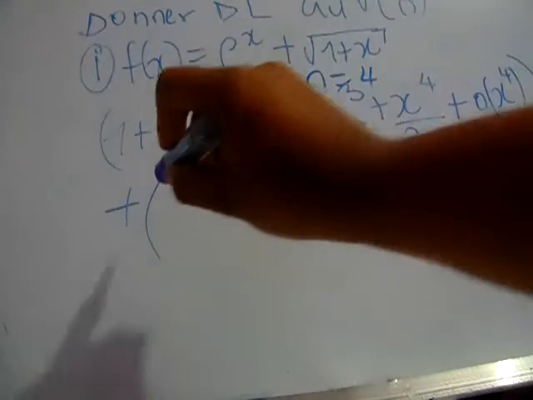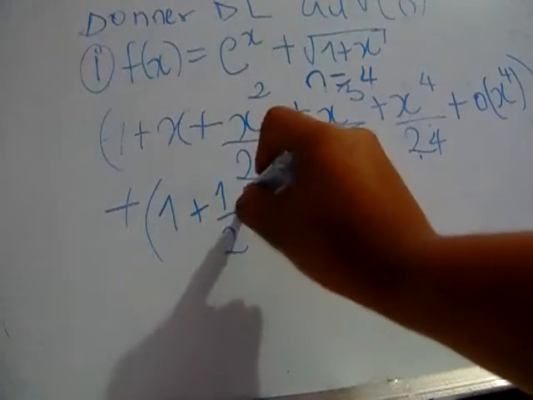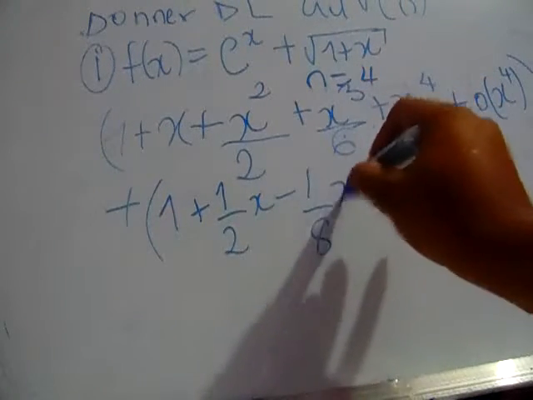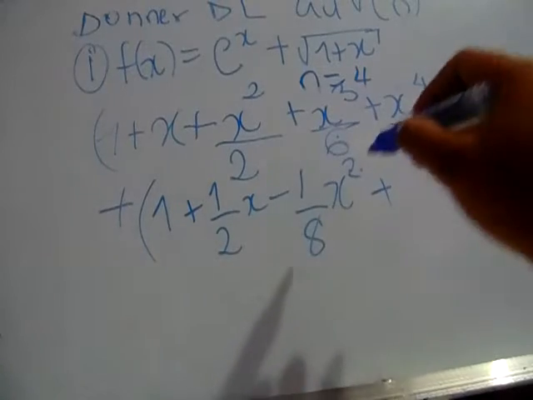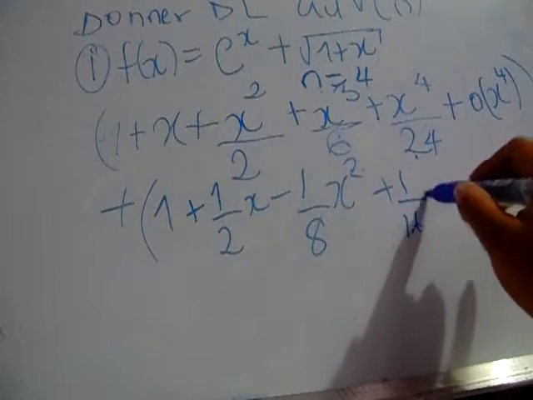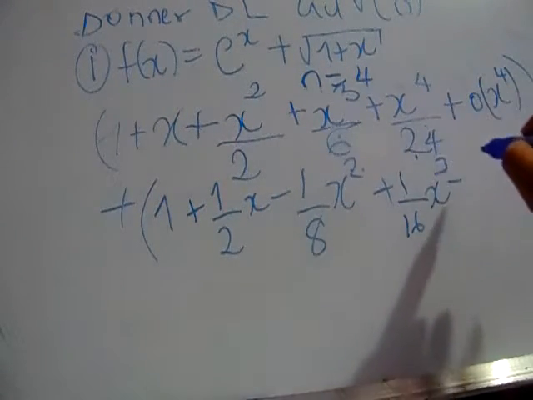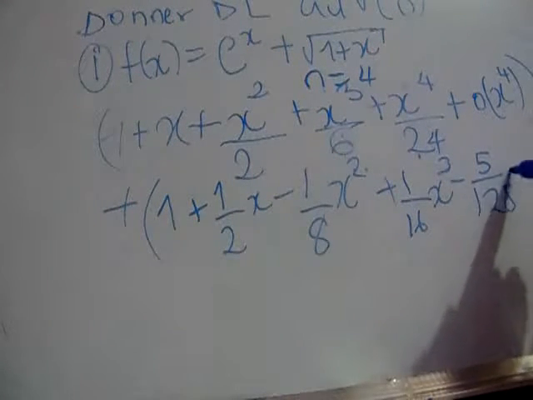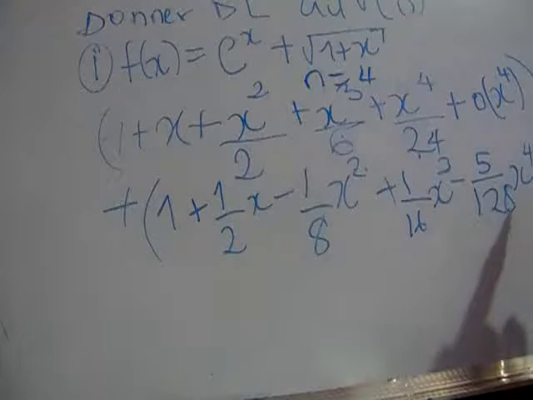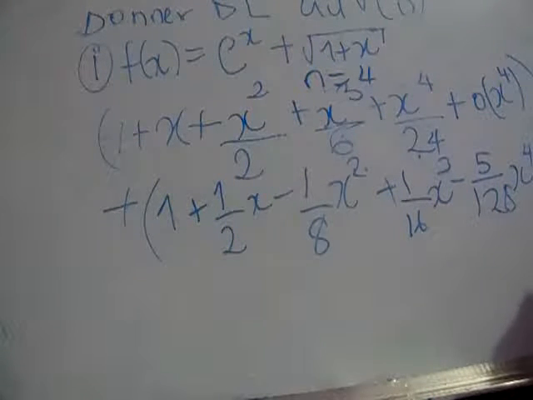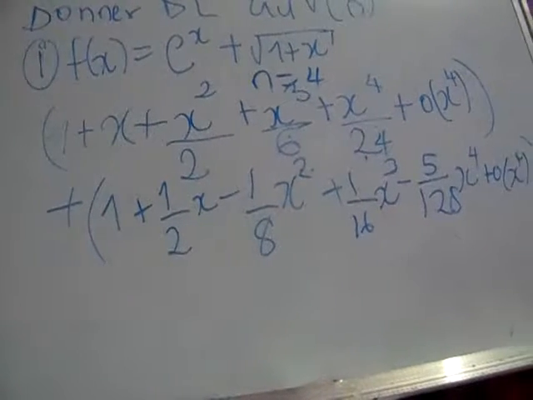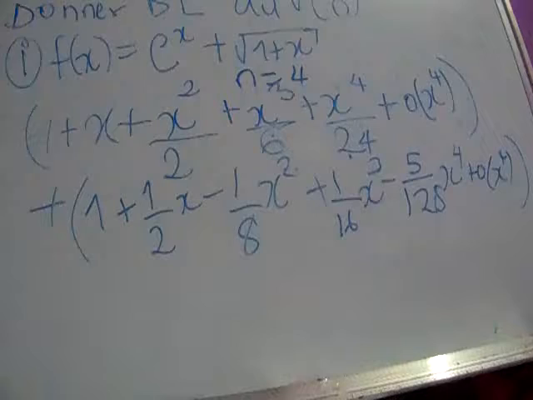We said the DL of square root of 1 plus x when n is equal to 4 is 1 plus 1 over 2x minus 1 over 8x squared plus 1 over 16x raised to the power of 3 minus 5 over 128x raised to the power of 4 plus part2 de x4. So you can't see that, so that's it.